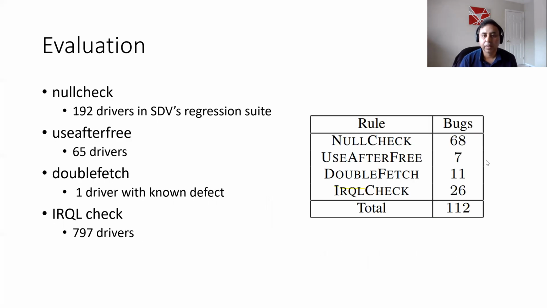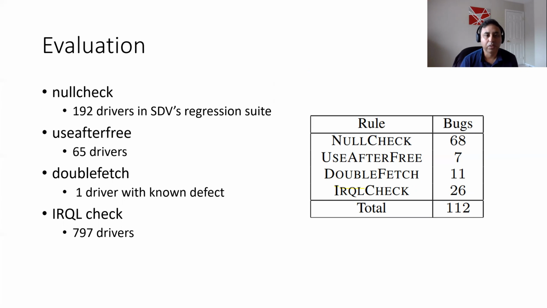Okay, so here are the results. So we looked at almost 1,000 drivers across the 4 rules. For null check, we looked at the regression suite of SDV, which is fairly comprehensive, about 200 drivers. Use after free, around 65 drivers that have some notion of free in the driver.